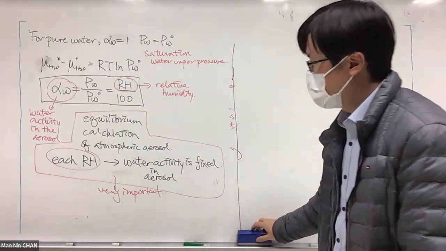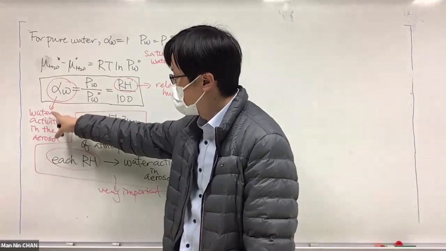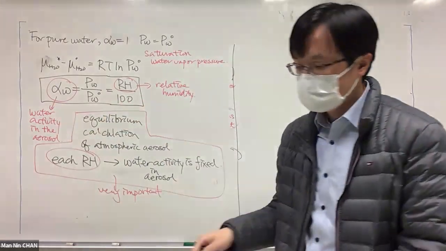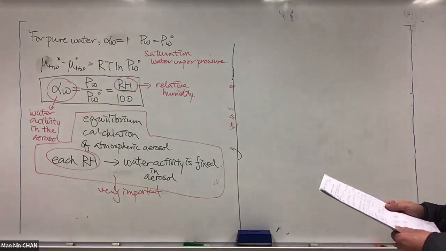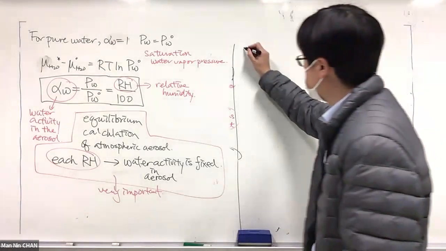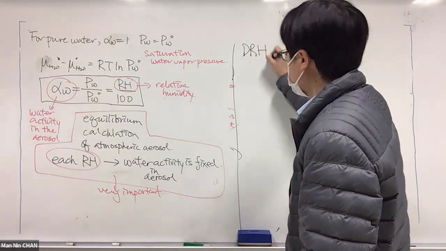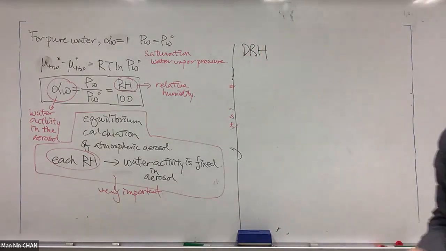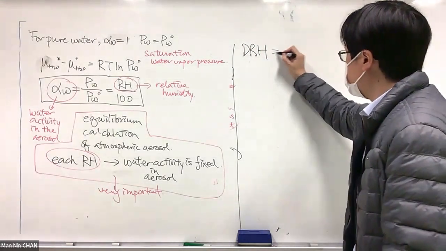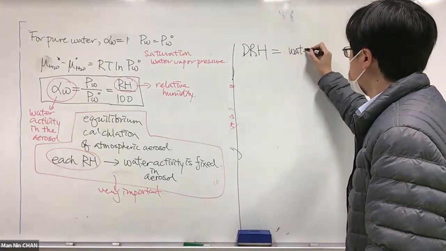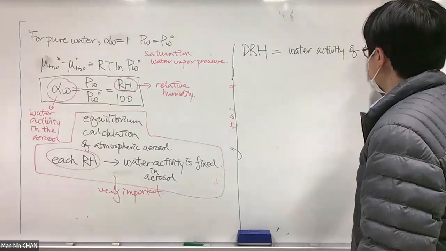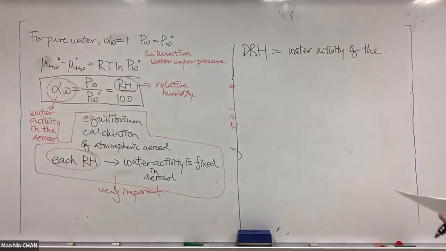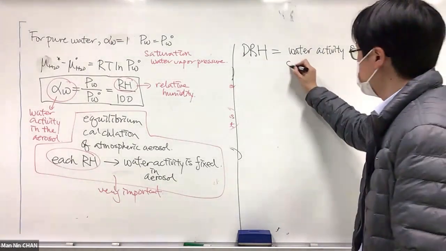And also, if you have this idea that the water activity will be equal to the relative humidity, you can also argue that the DRH, the deliquescent RH, will be equal to the water activity of the saturated solution of the salt.